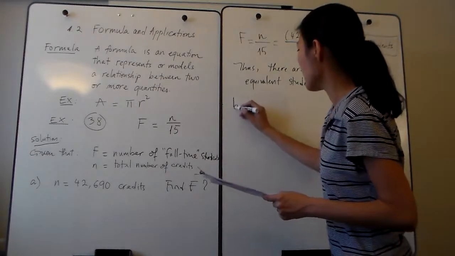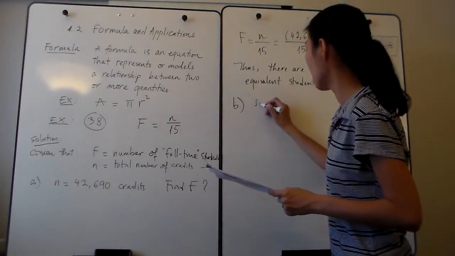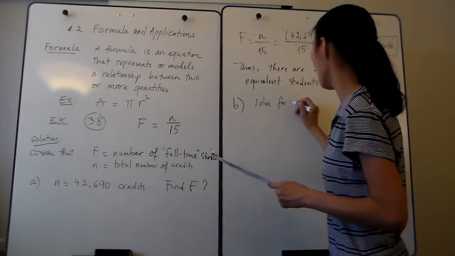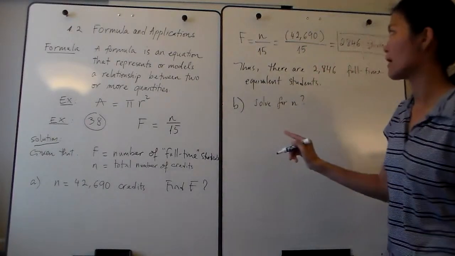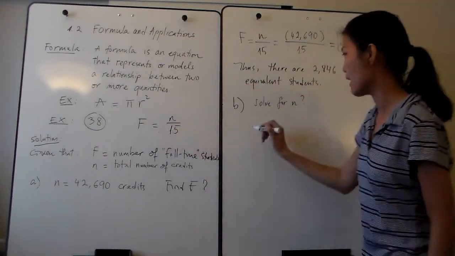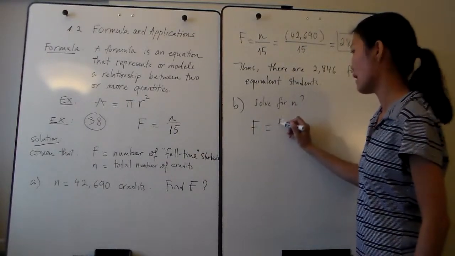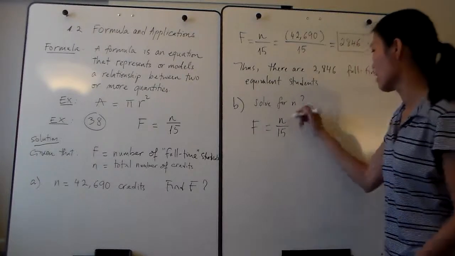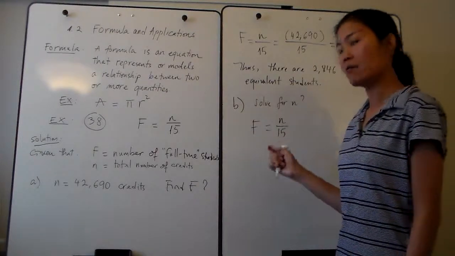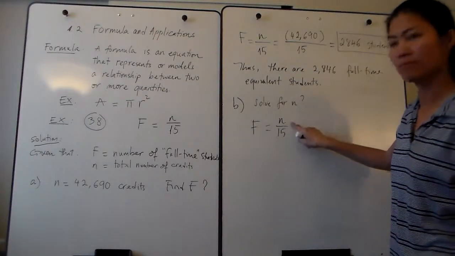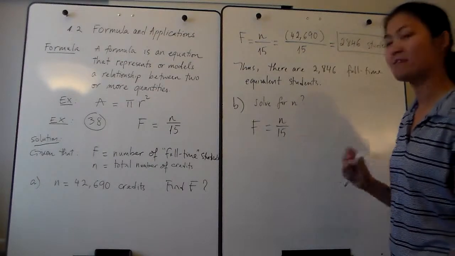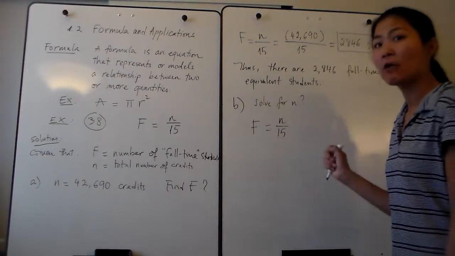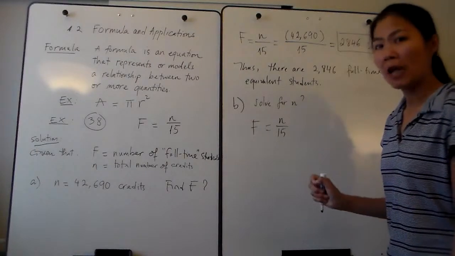And then part B is solve for n. Okay, we know that the formula given is that f equals n divided by 15. We need to solve for n. Now, did it ring a bell? We need to solve for n. And this is n divided by 15. Looks like we need to use the multiplication principle.